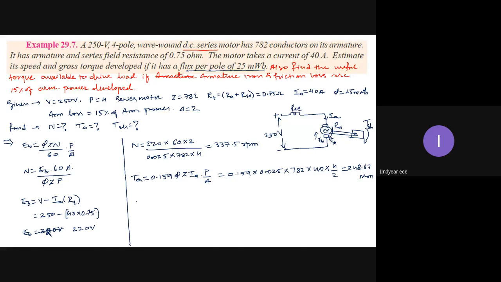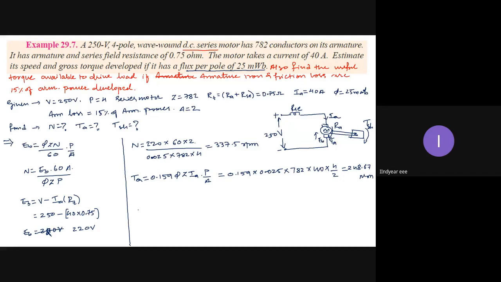Now I know TA. Calculate PA. Deduct 15% out of that. Then calculate TSH, or directly deduct 15% in TA and calculate TSH. Both are same. So what is asked here is also find the useful torque TSH.